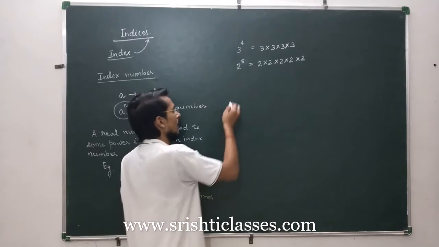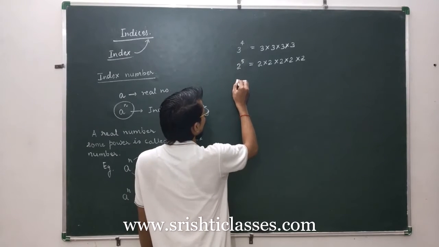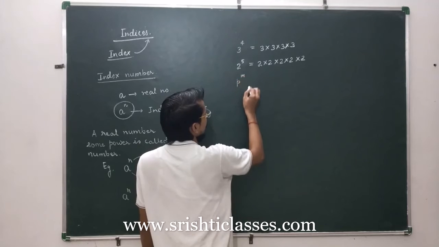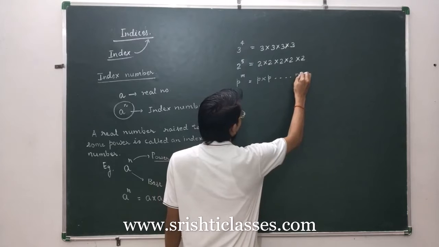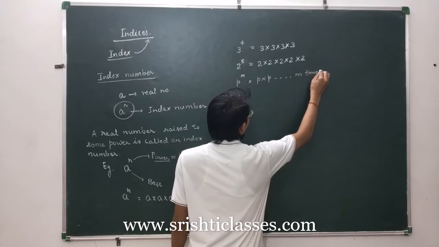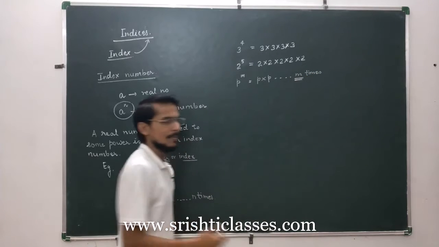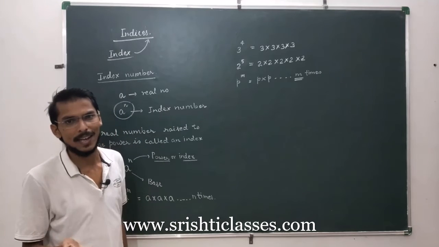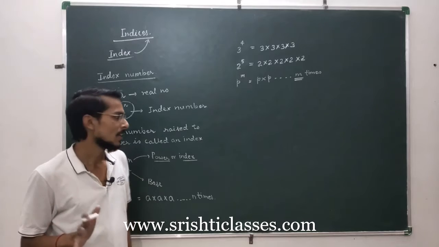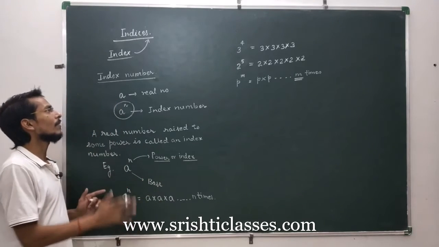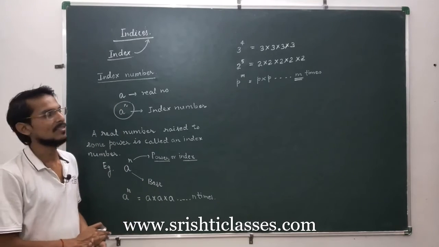Okay. Similarly, if somebody writes p raised to the power m, it means p is multiplied to p for m times. Now m may be any number. It may be 6 times, 7 times, 8 times, 10 times, whatever may be the value of m. So this is the basic concept of index number, or we can say indices.